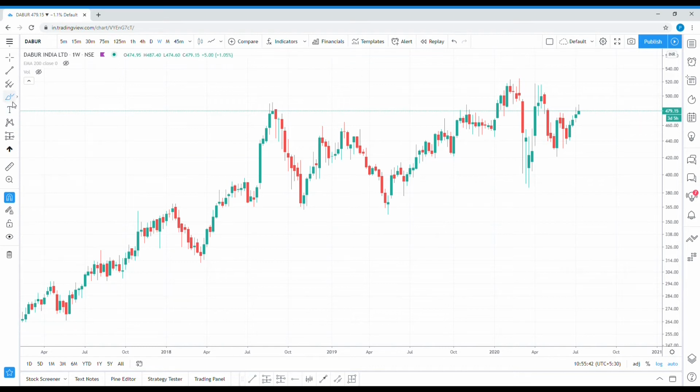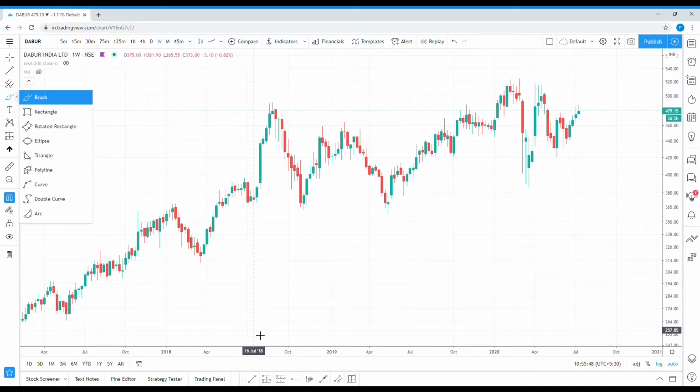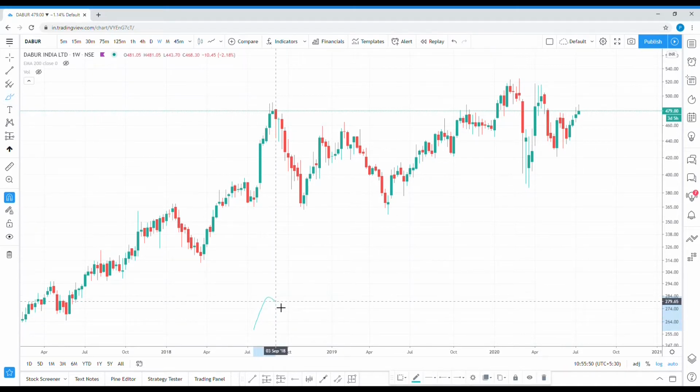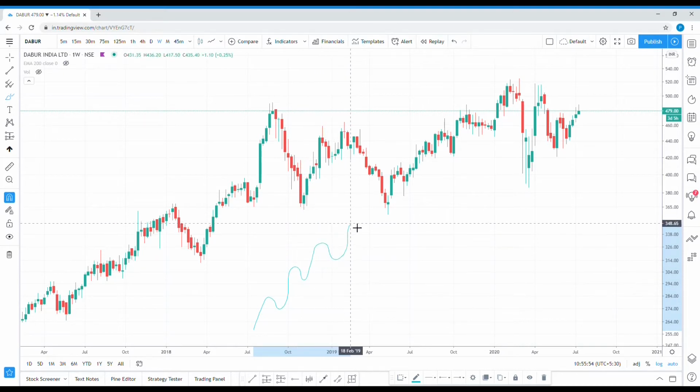Before drawing a trend line, I'll explain what an uptrend and a downtrend are. The stock moves in this fashion: up, down, up, down, up, down, up, down, up, down, up.